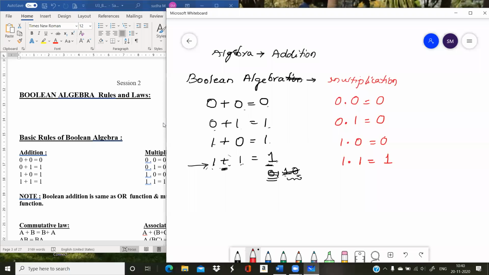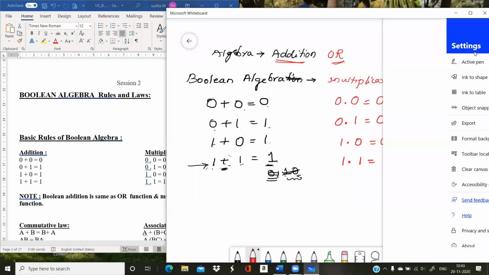Remember this much. Now, this addition we call the OR function, and the multiplication is called the AND function. We'll see later what exactly this OR function and this AND function are. For the time being, remember that addition is nothing but the OR function, and multiplication is the AND function.